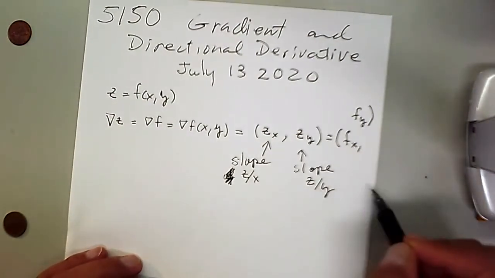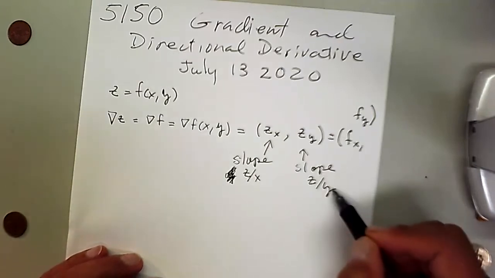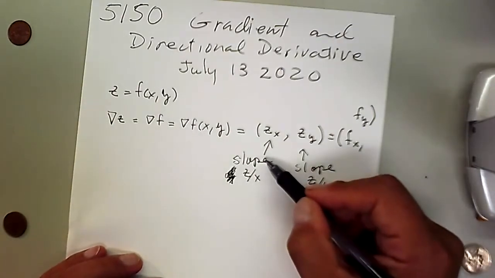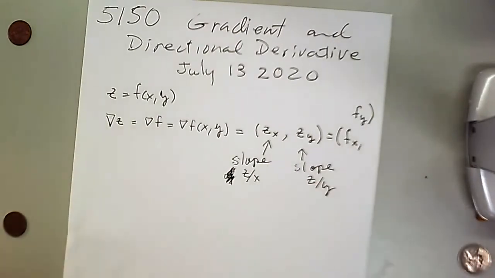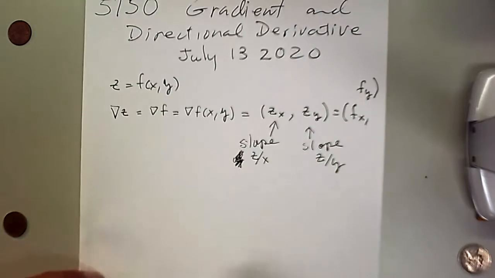So as you move in the y direction, you're going to get one slope. If you go in the x direction, you're going to get perhaps, very possibly, a different slope. Let's do some examples.